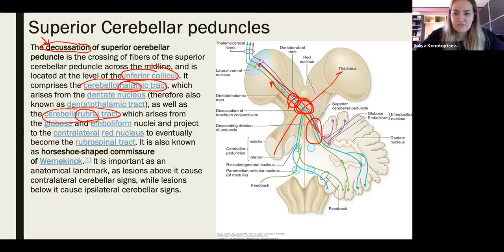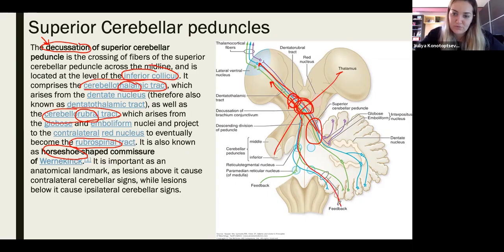Now, there is a particular shape these cerebellothalamic and cerebellorubral tracts make. They're creating a horseshoe-shaped commissure, because in addition to these tracts traveling within the superior cerebellar peduncle, the rubrospinal tract is also going to be coming down in this way.